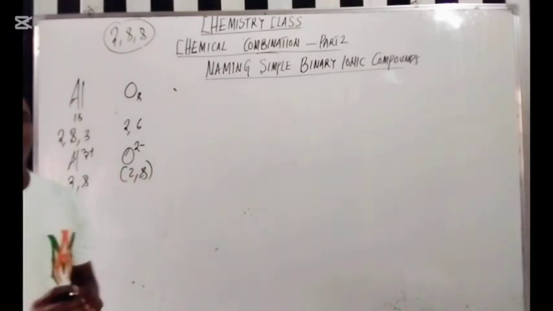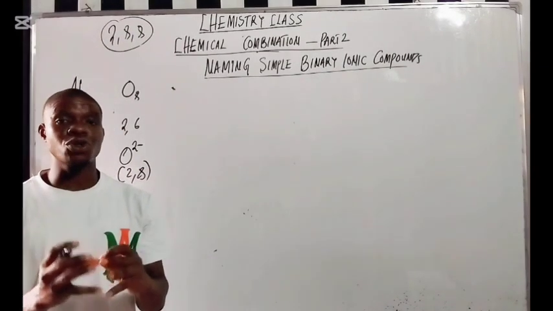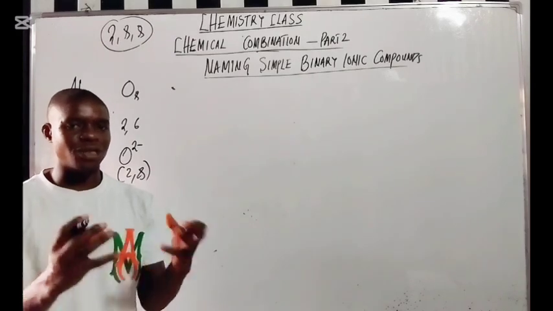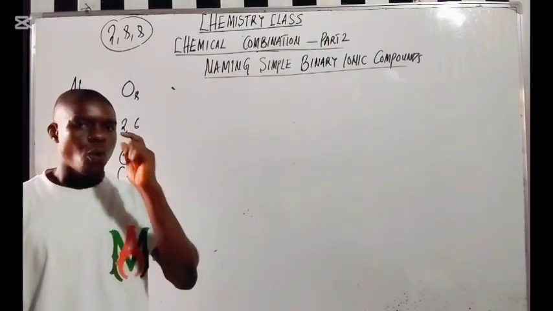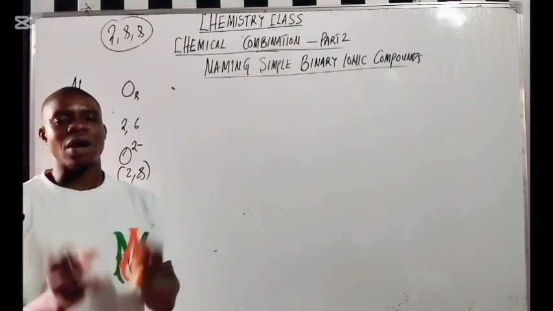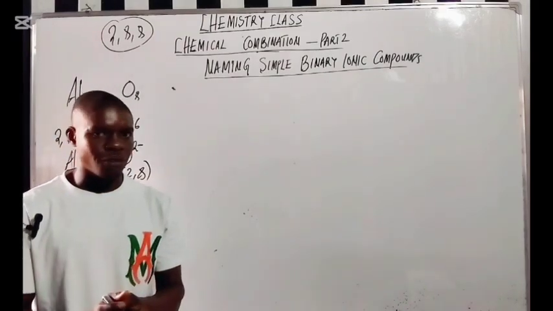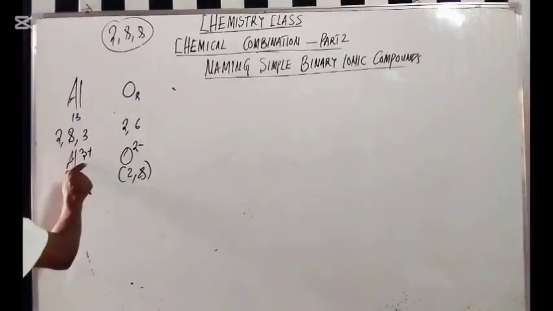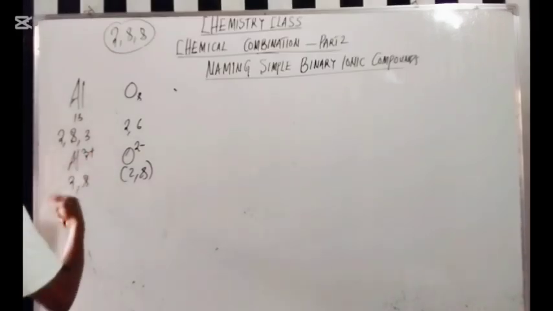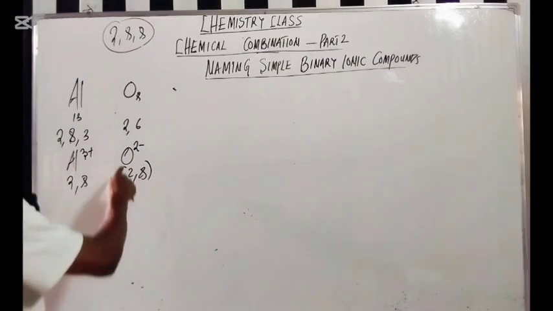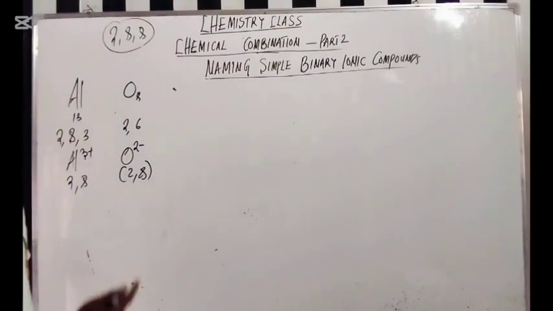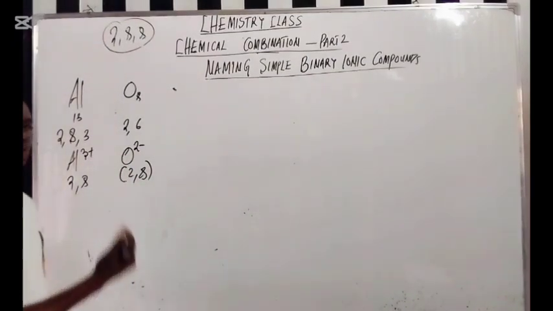So now, when you are writing a chemical formula between 2 atoms or 2 elements, you have to know their oxidation states, right? You must know their oxidation states. There you have solved almost 90% of your problem. So now the oxidation state of aluminium is 3+, which means that aluminium loses 3 electrons, right? The oxidation state of oxygen is 2-, that is, it gains 2 electrons.